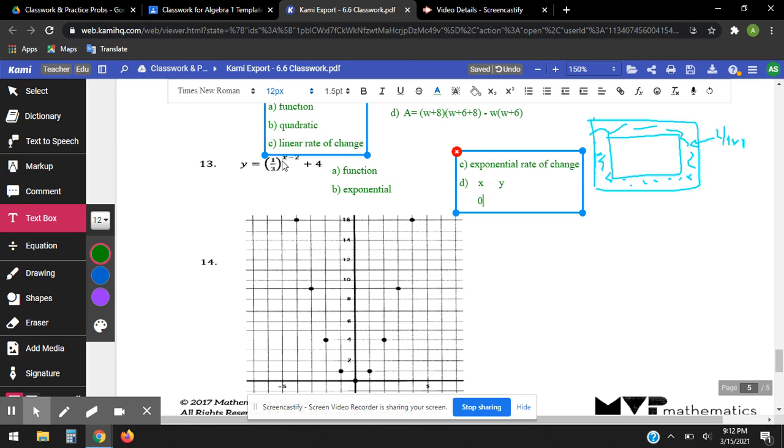So 3 to the second power is 9. 9 plus 4 is 13. If I put in a 1, and I have 1/3 to the negative power, which is 3 to the first, plus 4 is 7. And then if I pick 2, anything to the 0 power is 1. 1 plus 4 is 5.